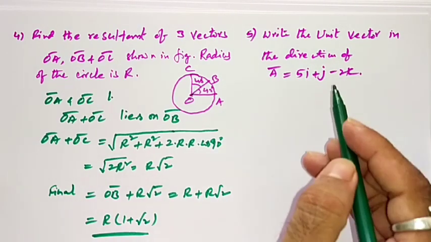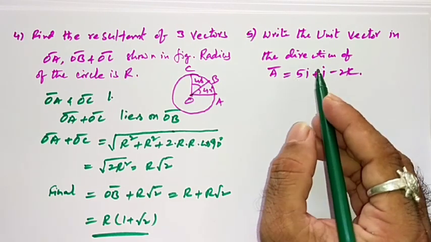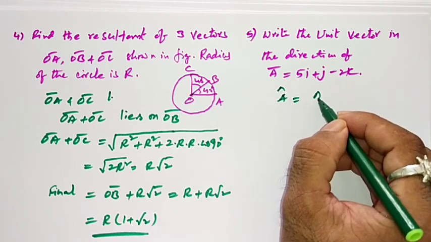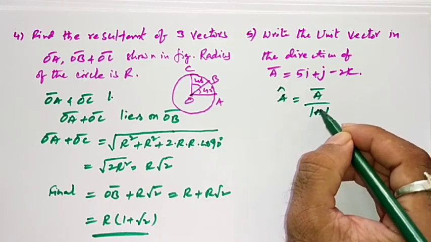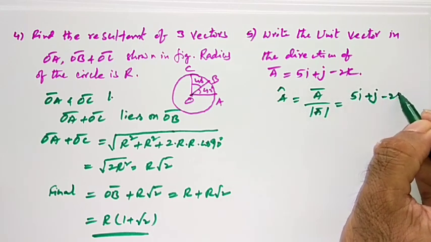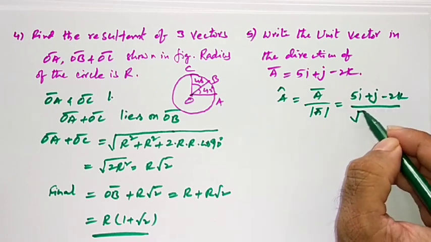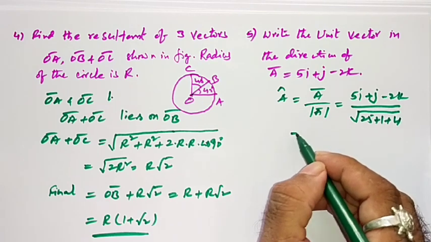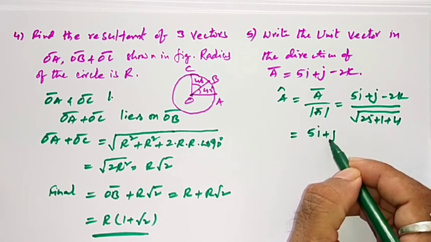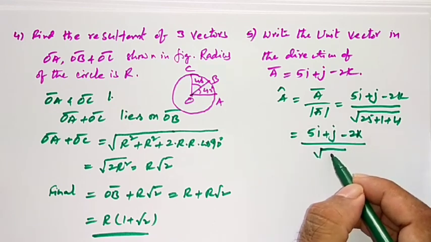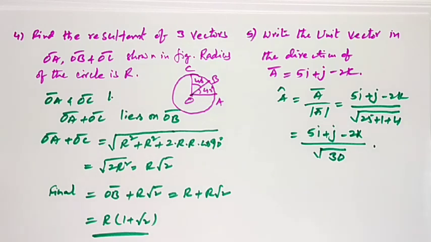We need to calculate the unit vector in the direction of A. That is A cap is equal to A by mod A. That's it. A is 5i plus j minus 2k, divided by the magnitude of A, that is root over 25 plus 1 plus 4. So it can be written as 5i plus j minus 2k by root 30. This is the unit vector in the direction of the given vector.